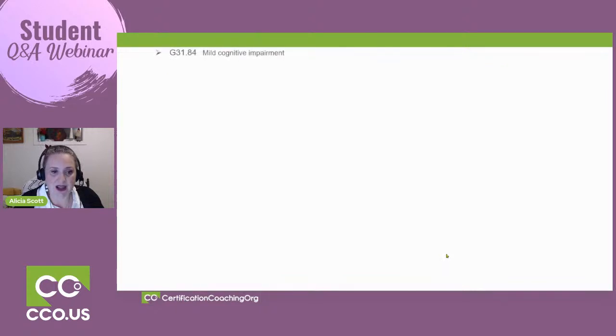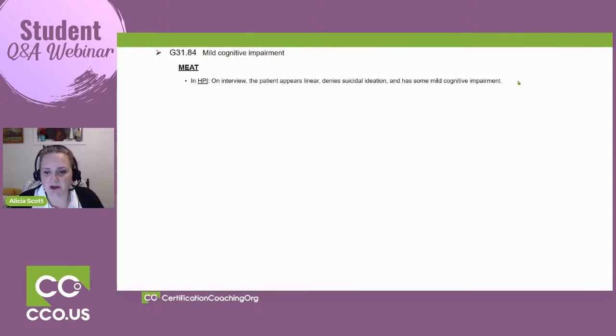All right, we're not done. G31.84, mild cognitive impairment. Let me look and see if you guys got that one. G47.00. I have to, Johan, you'll have to tell me what that one is. I don't have that one memorized. HPI for that: mild cognitive impairment and decreased insight into her history.